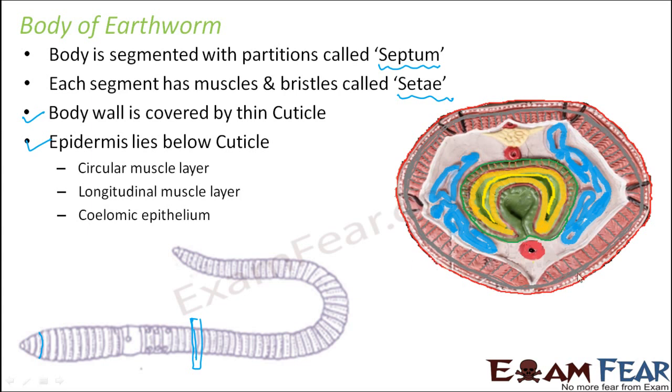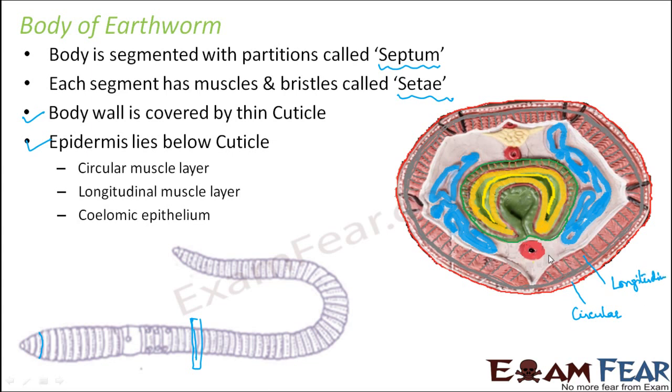There is one layer called the circular muscle layer. Here you can see small white circles. They represent the circular muscle layer. Then you have cylindrical layers. You see the cylindrical shaped things are present. This is called the longitudinal muscle layer.